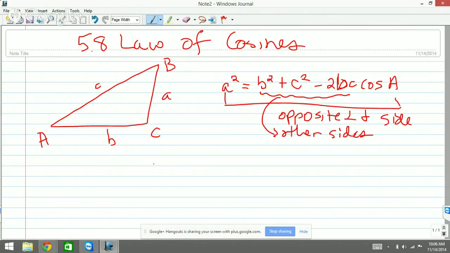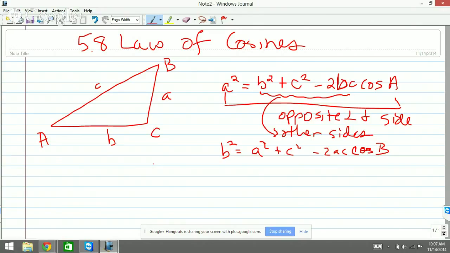You could also write b squared equals a squared plus c squared minus 2ac cosine b. Take your pick.